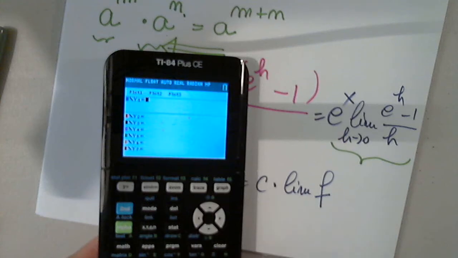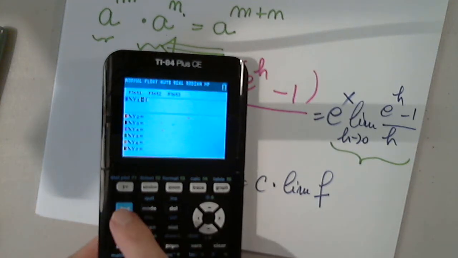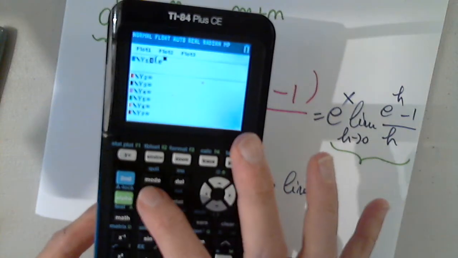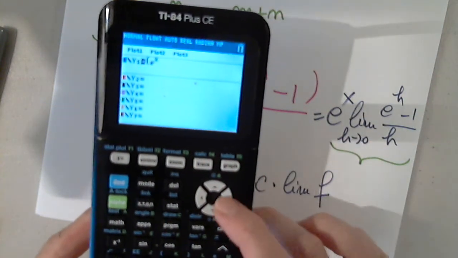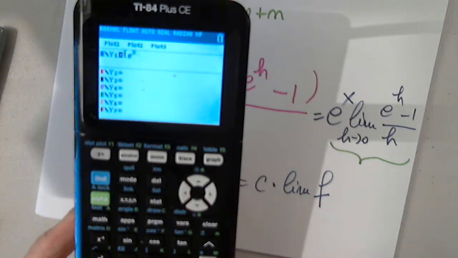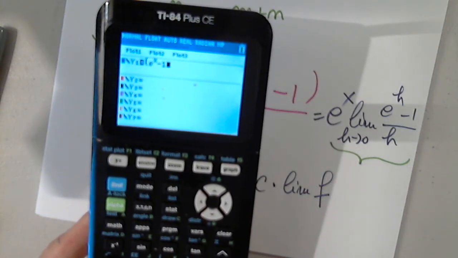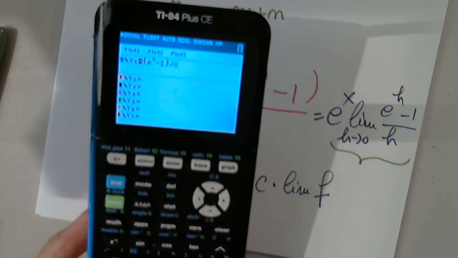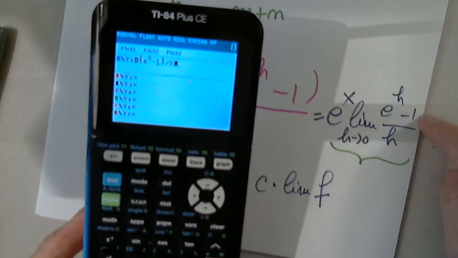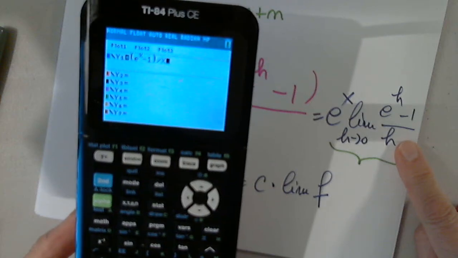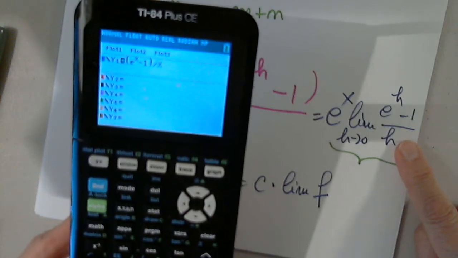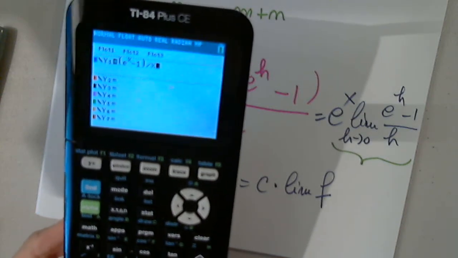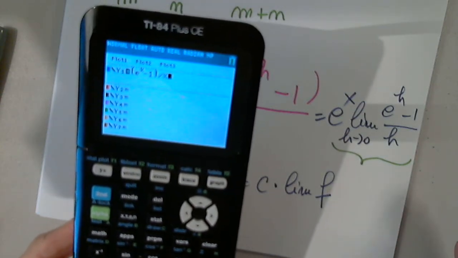So in y equals, left parenthesis, second and e, make sure you put x, come down from the numerator, depending on your calculator, minus 1, close the parenthesis, and divide by x. So e to the x minus 1 divided by x. Number 1, we can graph the function and see how it looks.